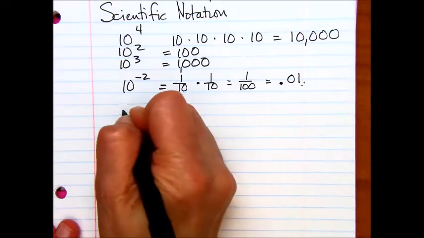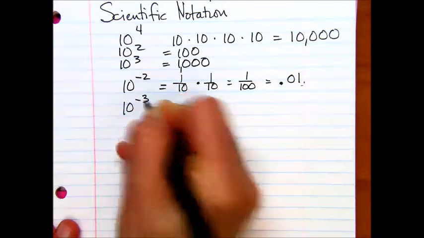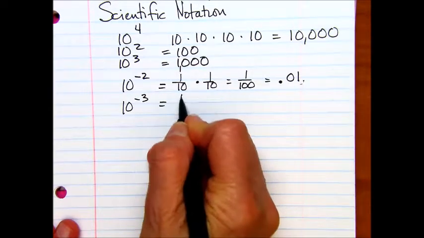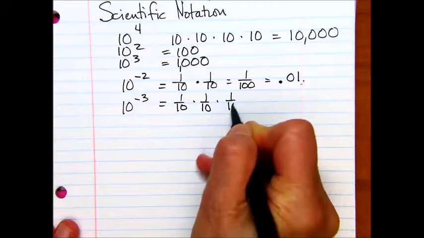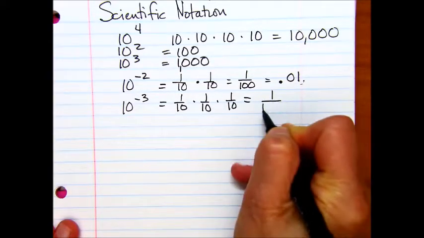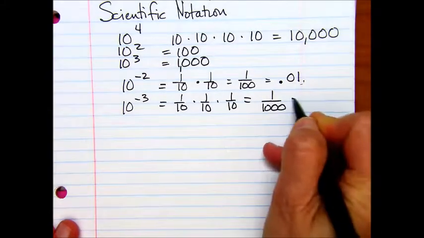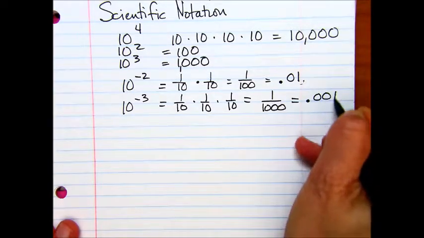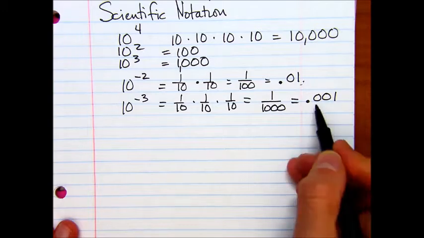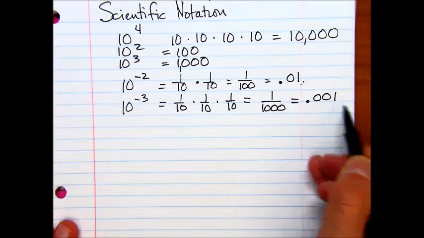Now we could do, say, 10 to the negative third, and again that would be 1/10 times 1/10 times 1/10, or 1/1000. And in decimal form that would be 0.001. Okay, so that's tenths, hundredths, thousandths place.